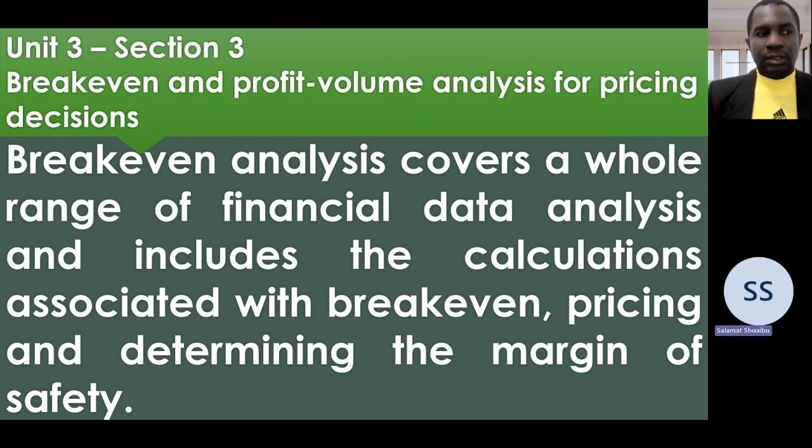Margin of safety. You're trying to look at that margin of safety, right? All right, so the break-even analysis covers a whole range of financial data analysis, and margin of safety is part of it.